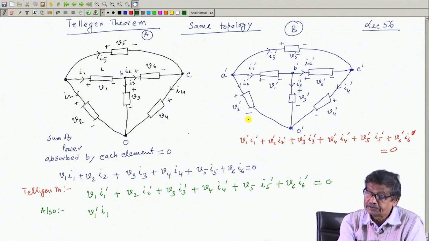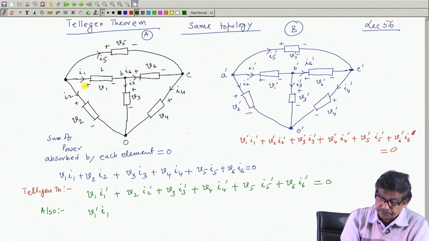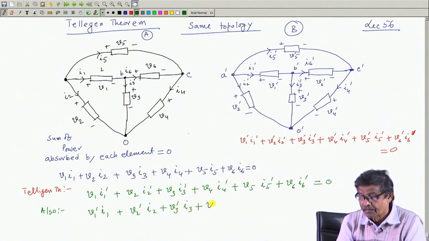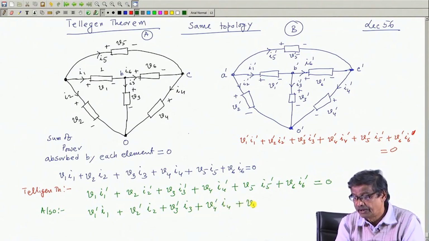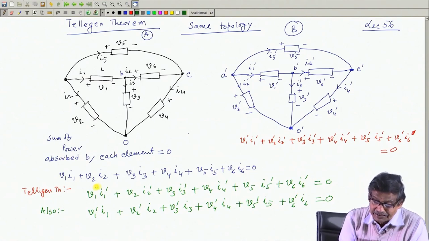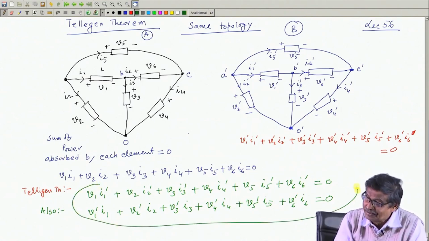So, V 1 dashed into I 1 plus V 2 dashed into I 2 plus V 3 dashed into I 3 plus V 4 dashed into I 4 plus V 5 dashed into I 5 plus V 6 dashed into I 6, that will also be equal to 0. That is the new thing.